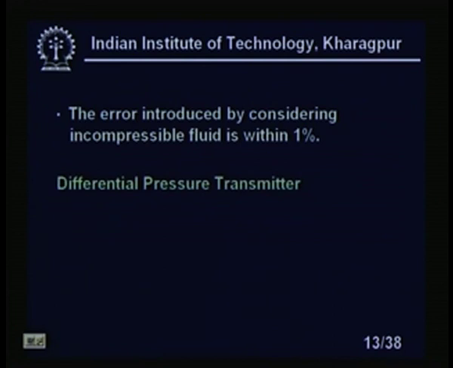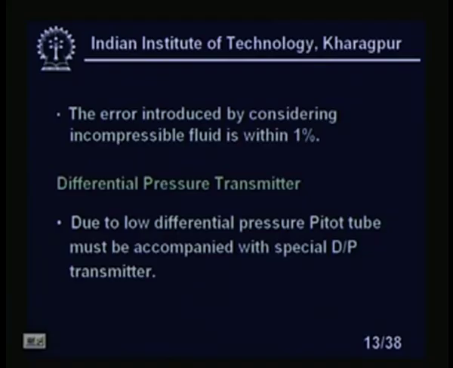Now, a special type of differential pressure transmitter is necessary, particularly in this case, due to low differential pressure. Because if the fluid is actually air or gas, the differential pressure also will be less, as you know the differential pressure depends on the density of the fluid, right.